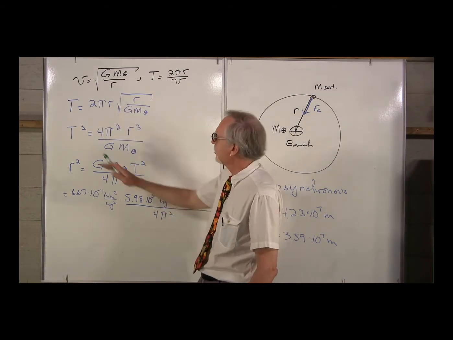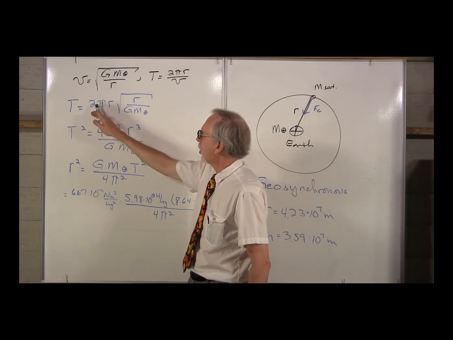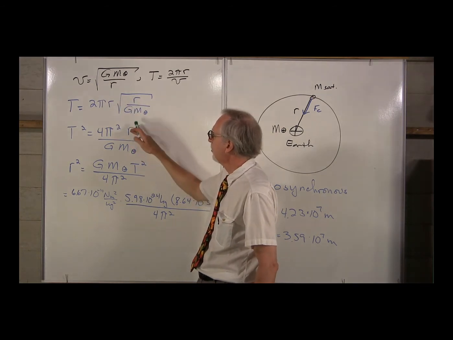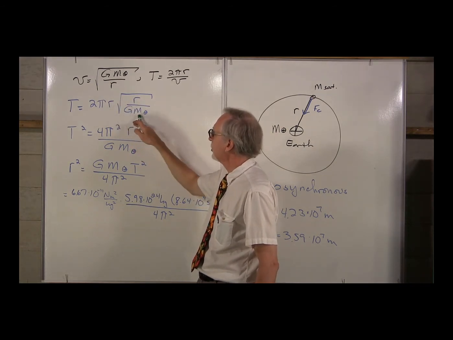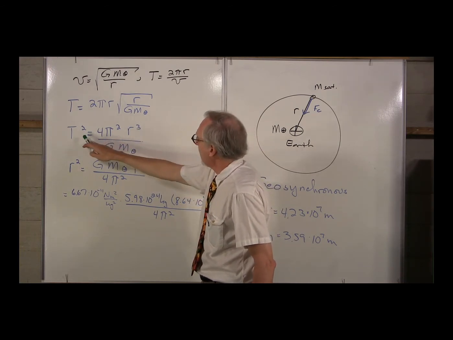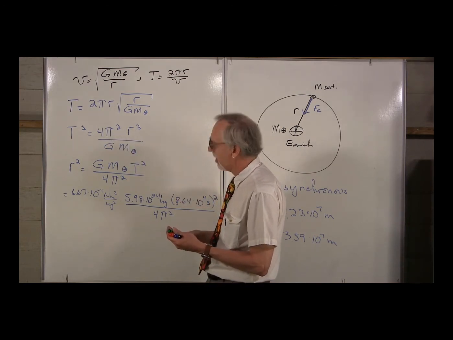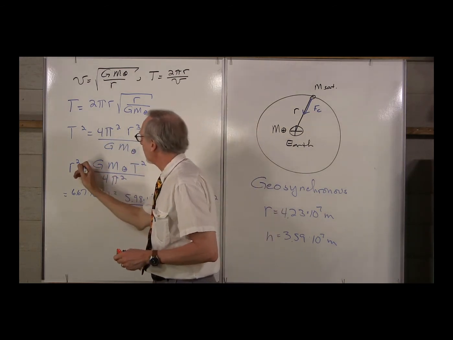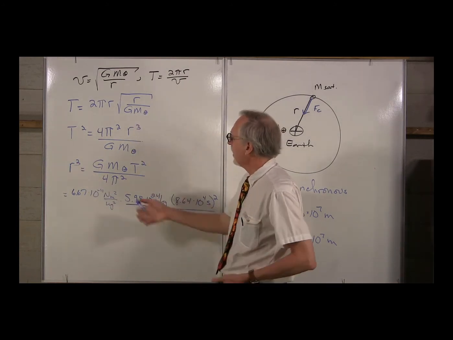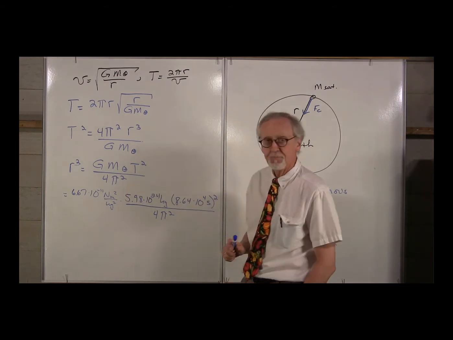Squaring both sides, we have T squared equals 4 pi squared, r squared times another r gives us r cubed, and then squaring the denominator, G M Earth. Multiplying both sides by G M Earth and dividing by 4 pi squared, we get r cubed is equal to G M Earth T squared over 4 pi squared.